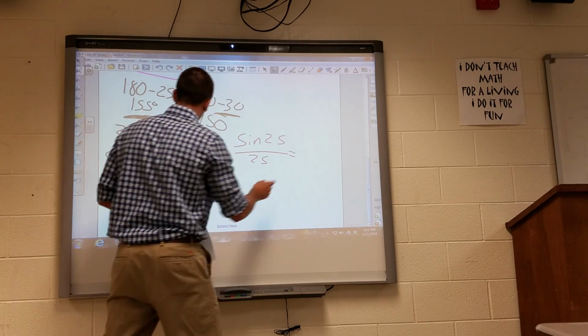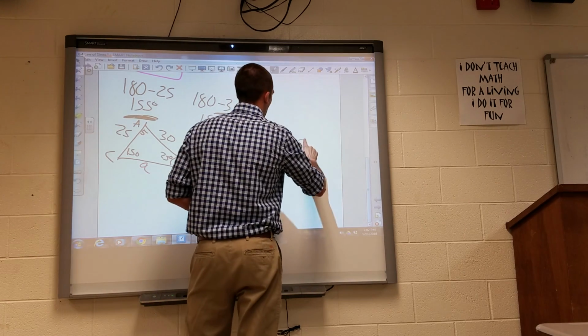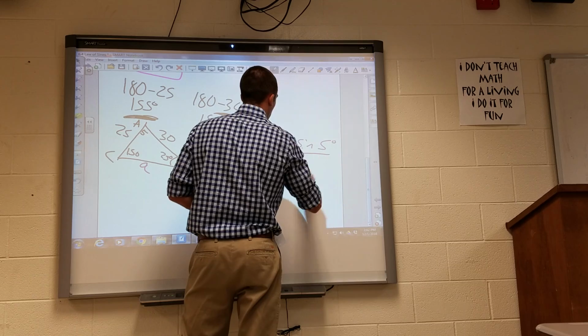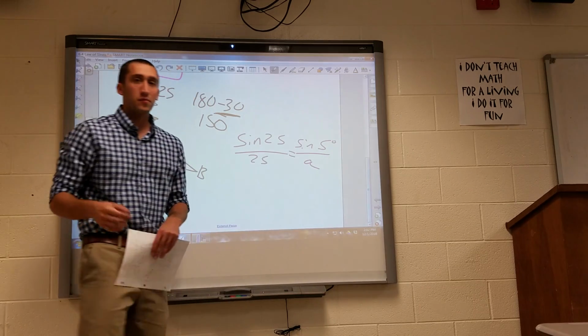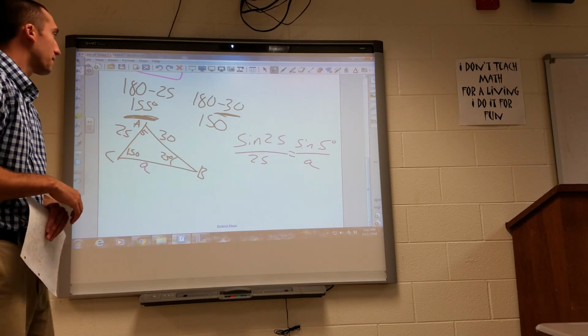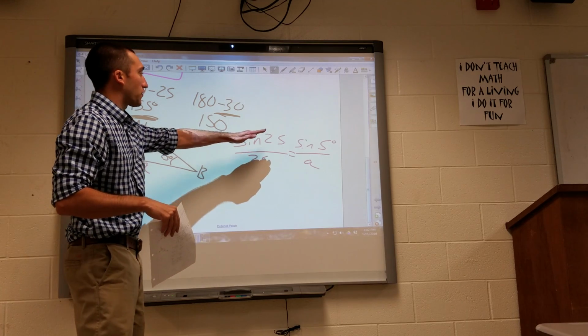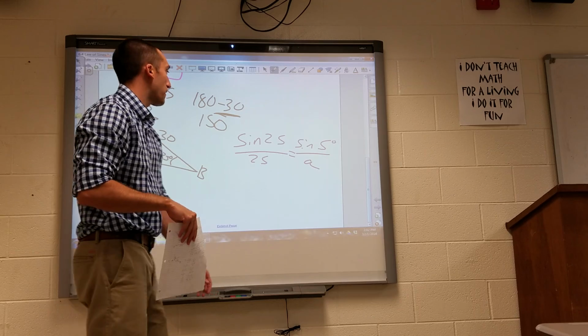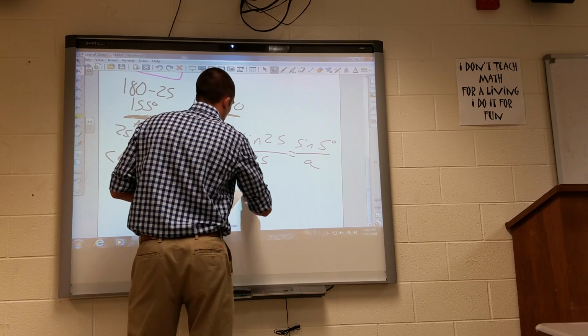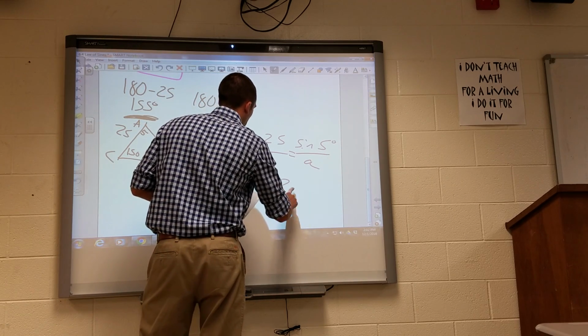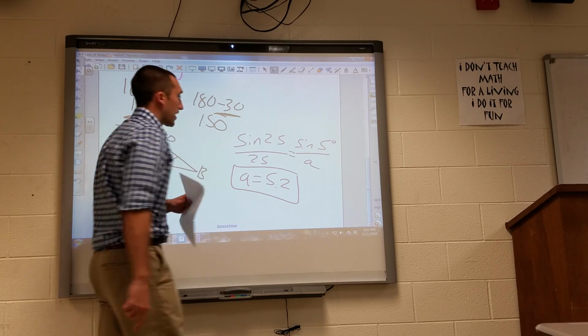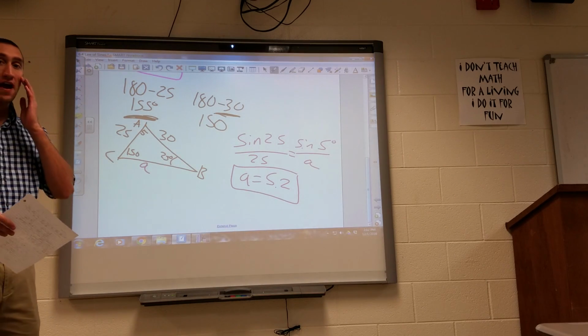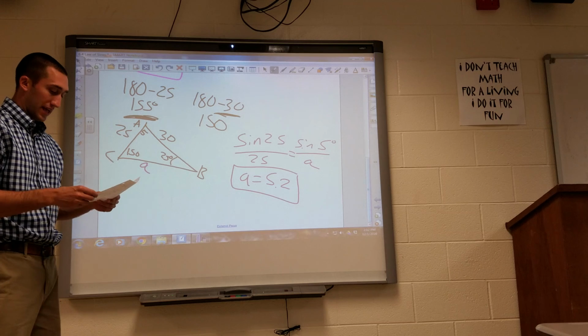I just need to find side A, so I'm going to do sine of 5 degrees over side A, because I'm looking for that last missing side. So if I do sine 25 divided by 25, switch it with A, and take sine of 5 divided by that answer, I get A to be 5.2. So the side A is only 5.2 in length.